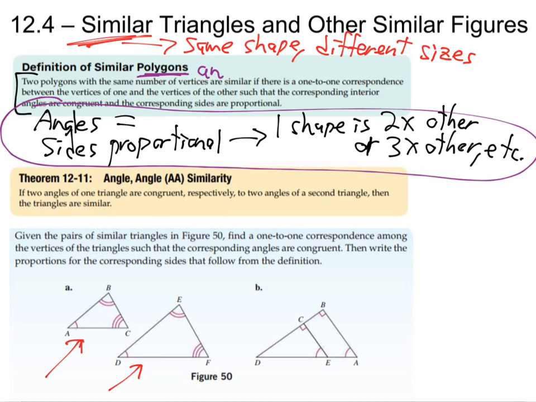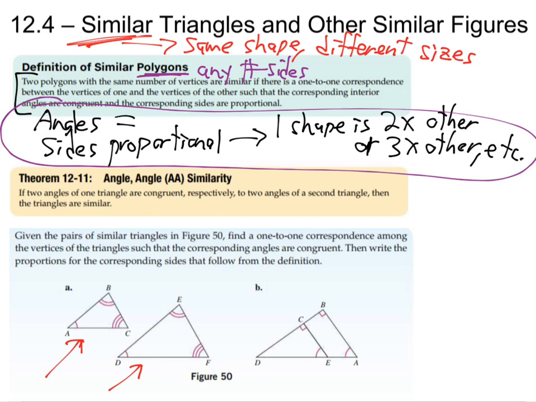That means any number of sides. That could be a 3-sided, what we call triangle, 4-sided, 5-sided, 6-sided, 7-sided, 10-sided, whatever. That's true for any number of sides. If you can show all the sides are proportional, like all the sides are double or triple or whatever, and all the angles are equal, then those two shapes are really the same shape. If you blow one up, it'll fit right on the other.